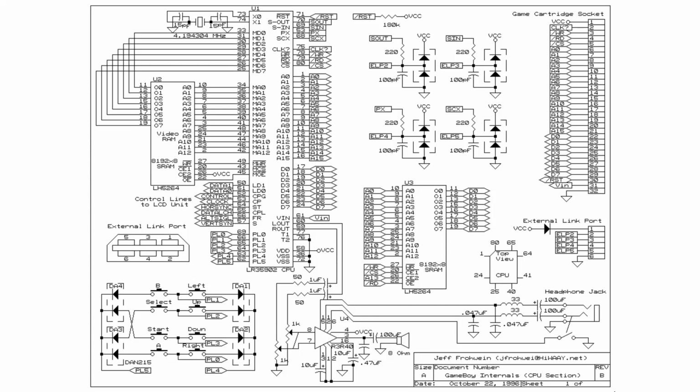It won't help us with actual reverse engineering of the ROMs. We're not going to be reverse engineering the hardware of the Game Boy. We're just going to be focused on the software, the ROM.